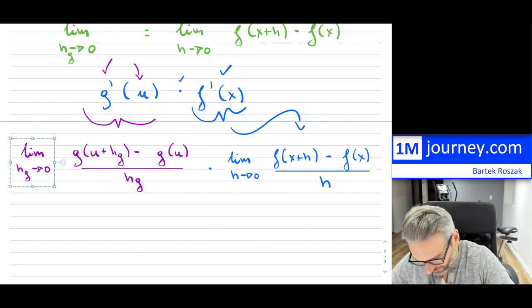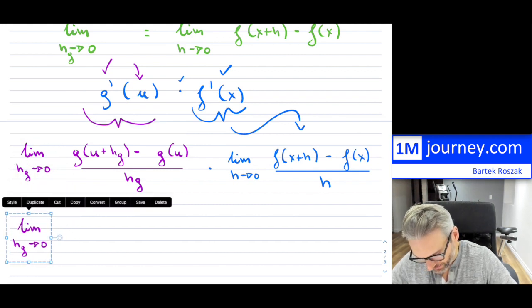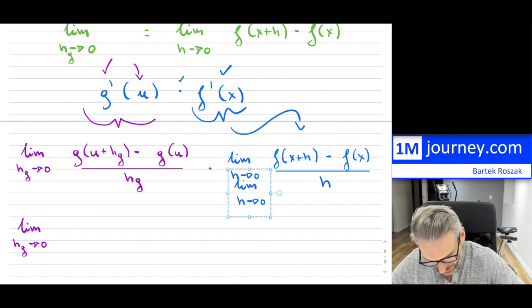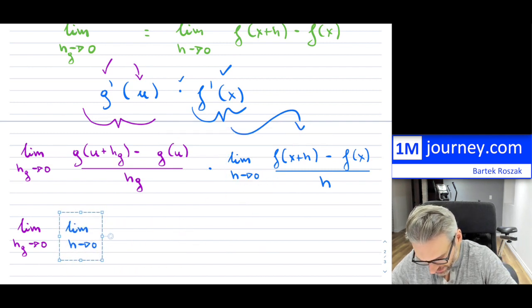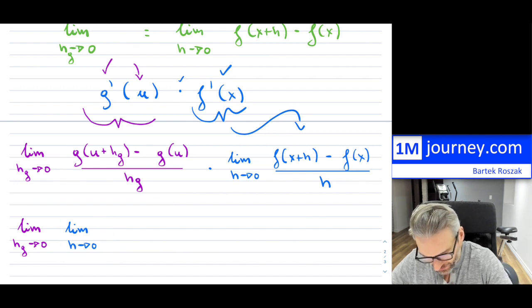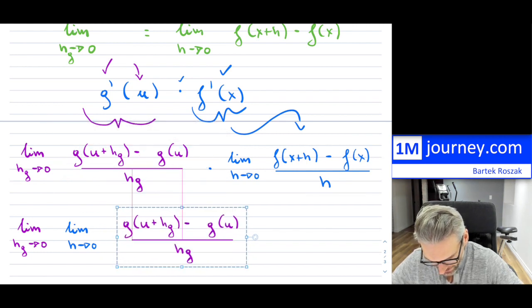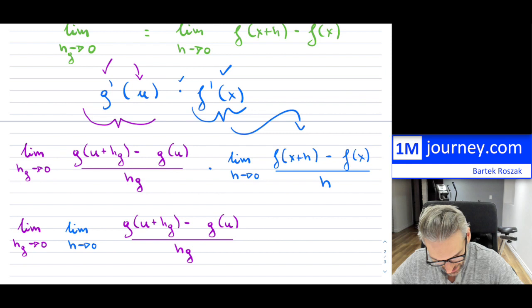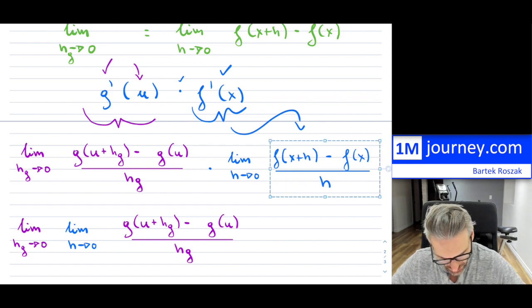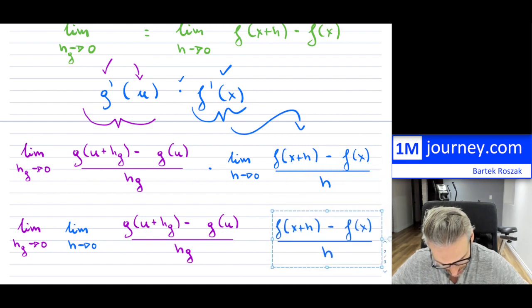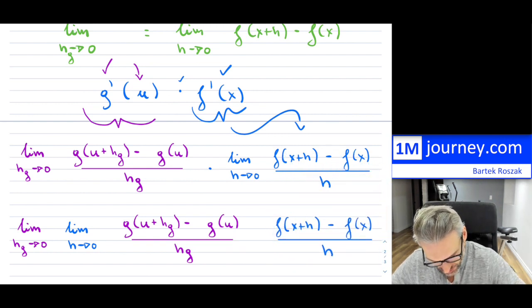Here is my first one, I'm going to duplicate it and put it here on the side, and then here's my second one. I'm going to duplicate it too. So I know that these limits are there. And now what I have is this right here. So I'm going to duplicate it and bring it down as so. And then I have this, which is being multiplied throughout. So this is multiplied by that. So here's the multiplication.